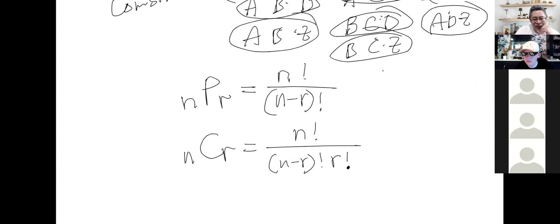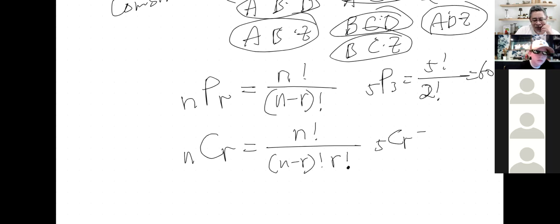Now in this case, the first one is P(5, 3). Then we know 5 factorial over 2 factorial, and we know we got 60. But on the second one, this one is C(5, 3). We have 5 factorial over 2 factorial, but also we got this one, that's 3 factorial.